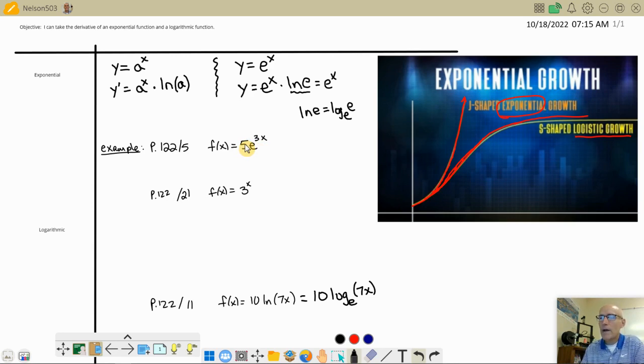Hey, thanks, welcome back. I'll just go in order here. So f prime of x is equal to 5e to the 3x. Okay, so I've done the derivative. I didn't start with my outermost function, so I'm going to back that up for just a second.